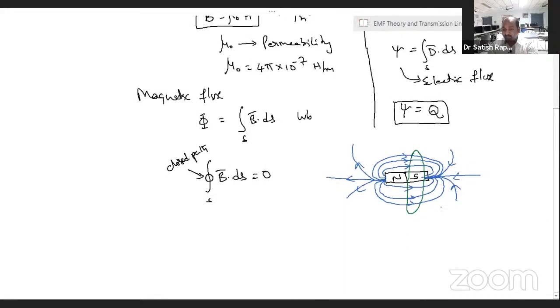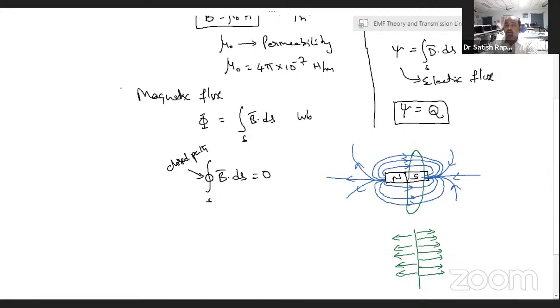Let me consider the electrostatic fields. Line charge. This is the line charge, and the electric flux lines are like this. These are the electric flux lines due to a line charge. They are not closed upon themselves.